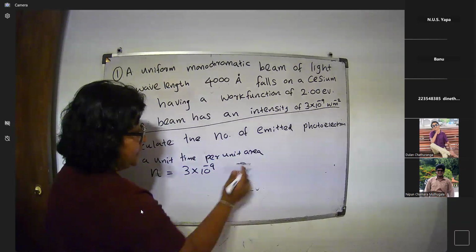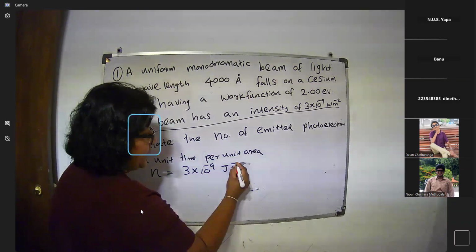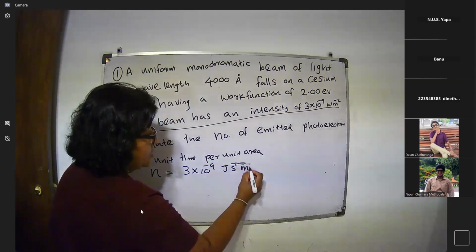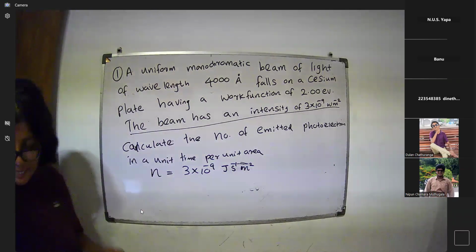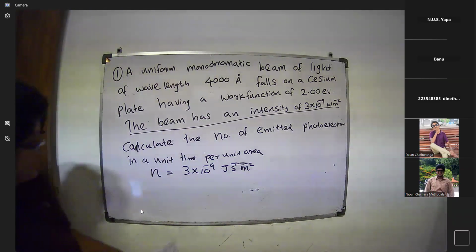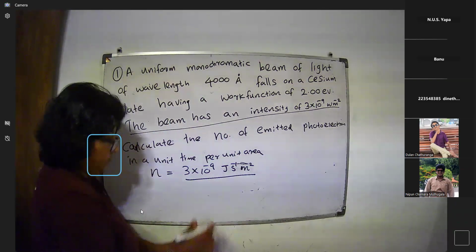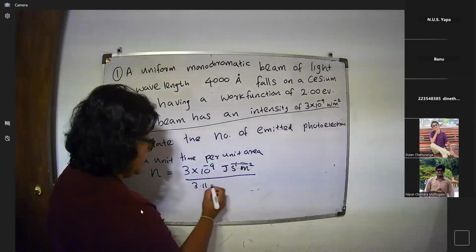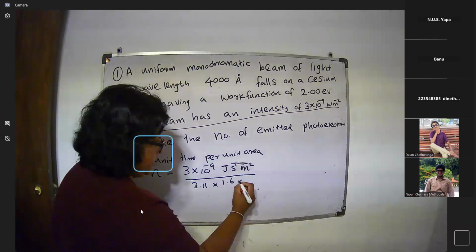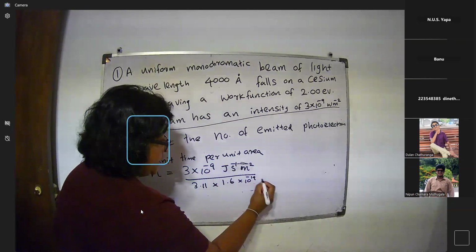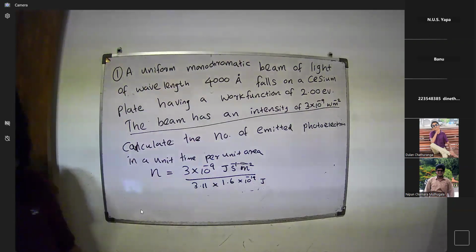This means joule per second per unit area, right? Then we divide this by the energy of one photon, 3.11 electron volts, multiplied by 1.6 times 10^-19 joule.